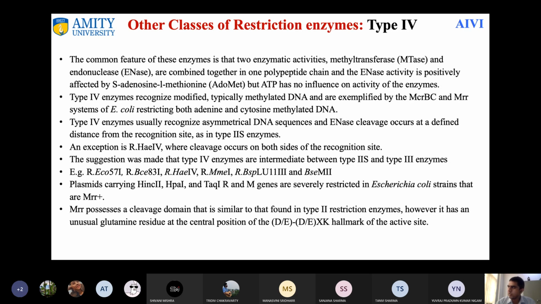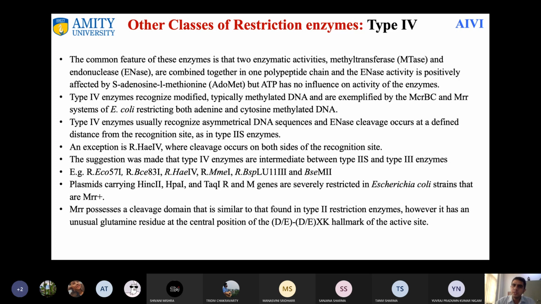Both properties are present on a single polypeptide chain. Previously, if you remember, in case of type 2, we mentioned that it only has endonuclease activity, you don't have the methylation or methyltransferase activity, and another enzyme is there for that property. In case of type 1 and type 3, we mentioned that two different subunits are there.